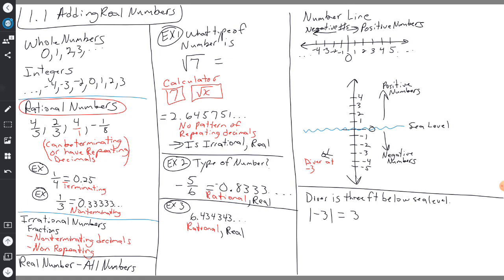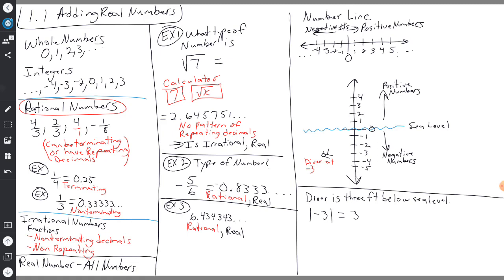Some examples we have is 1/4. Well, 1/4 is a terminating decimal because 1/4 is equal to 0.25, and when you calculate that, it terminates at the 5, meaning that it stops. The numbers do not continue on and on.